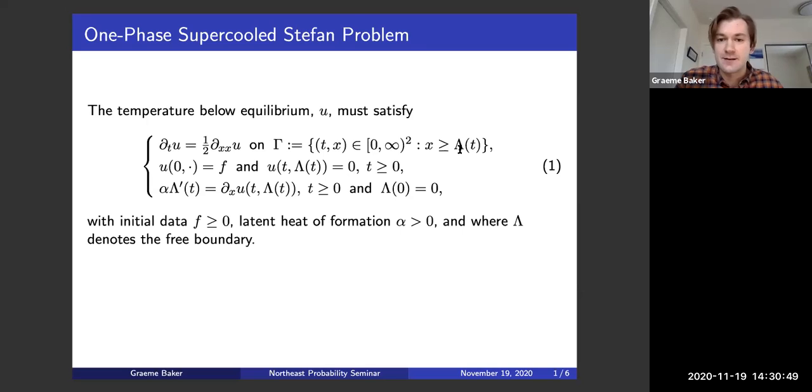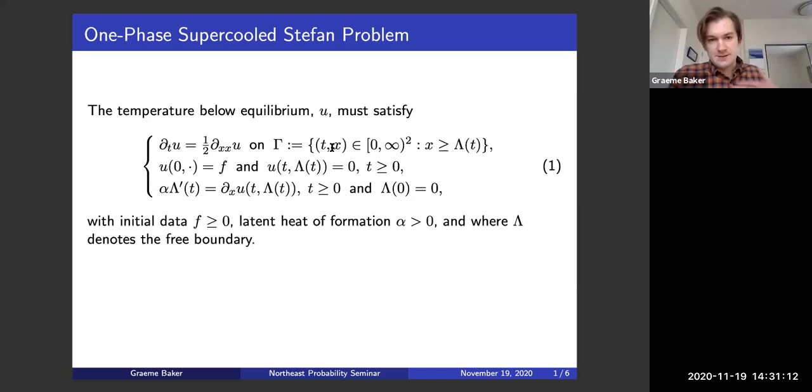The action is taking place on this domain gamma. Lambda here is the boundary between solid and liquid, or ice and water, if that's the classic case you're looking at. We have some initial temperature distribution f, and it's greater than 0 everywhere.